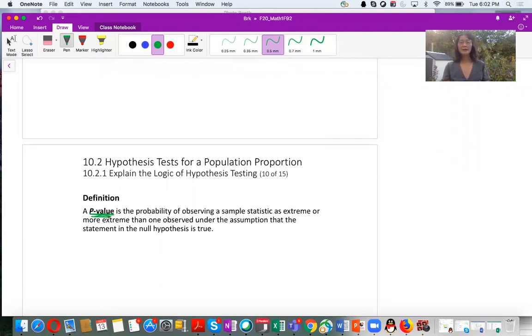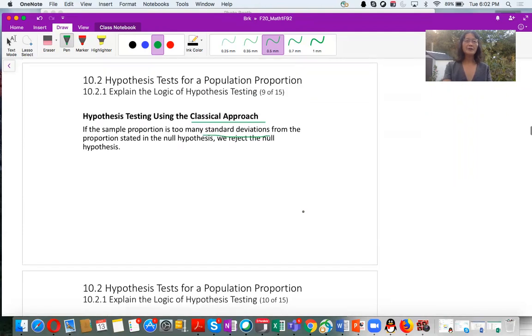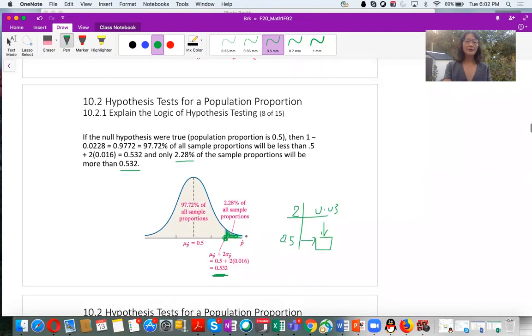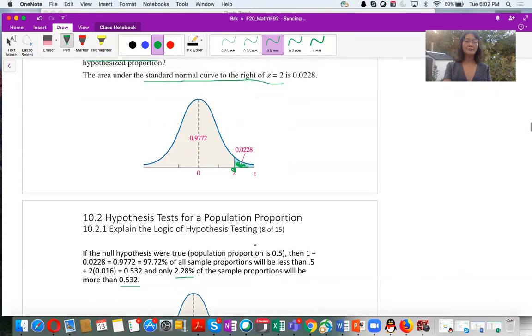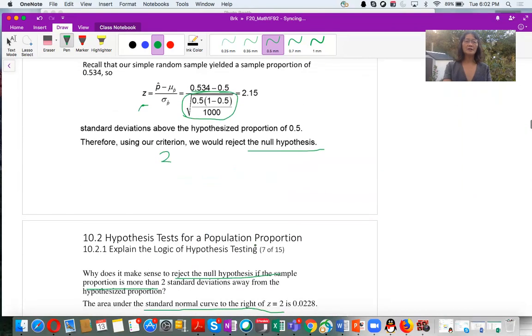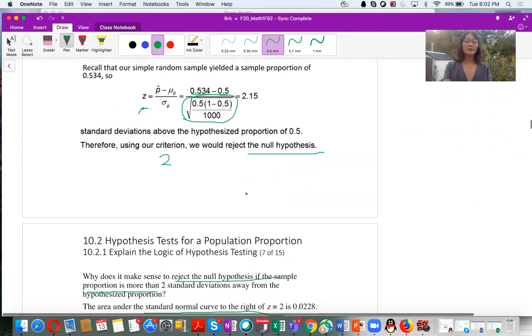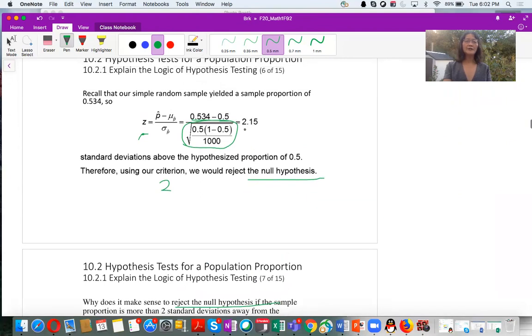It looks complicated, but actually remember this: p-value is the area corresponding to the sample statistic. In our example here, our sample statistic is 0.532. Actually it is here, 2.15.